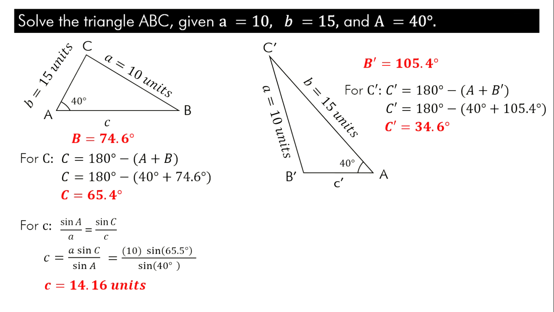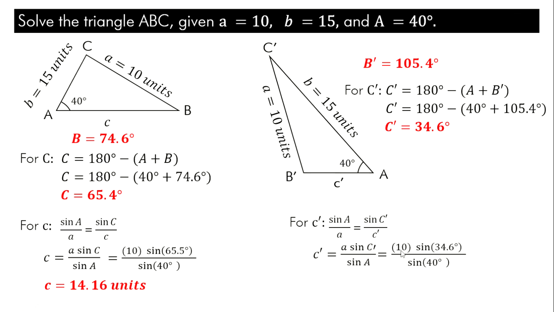For the c prime, same procedure, just substitute the given. Here our angle C prime is 34.6 degrees. So we'll have 10 times sine 34.6 degrees all over sine 40 degrees. If you calculate that, you will obtain c prime as 8.83 units.